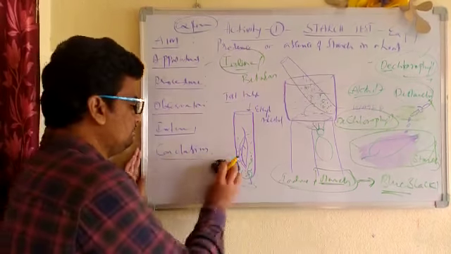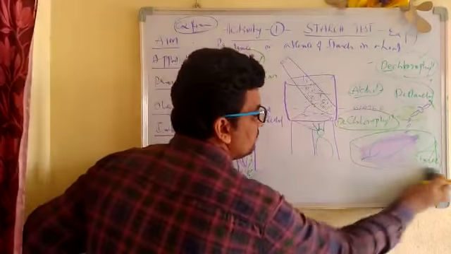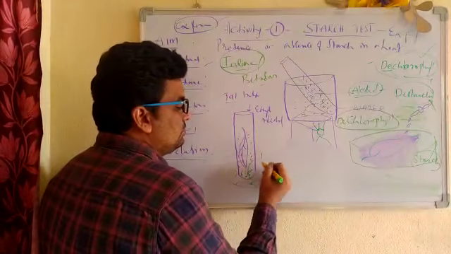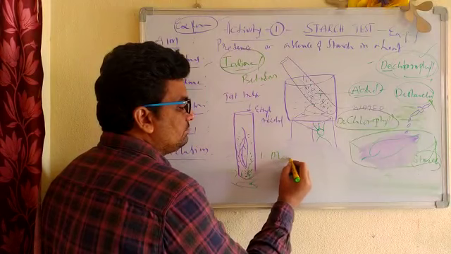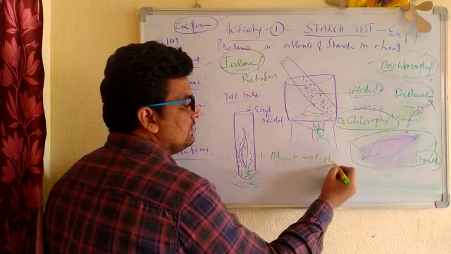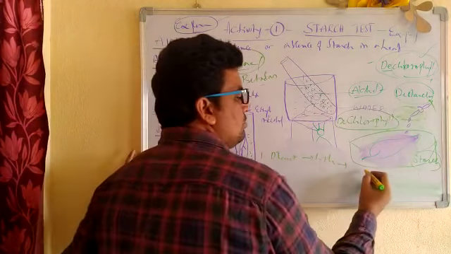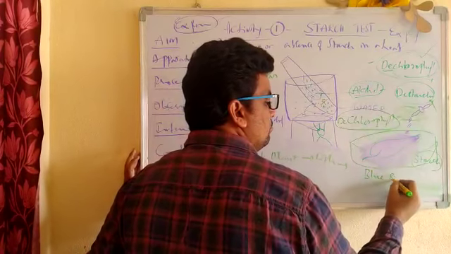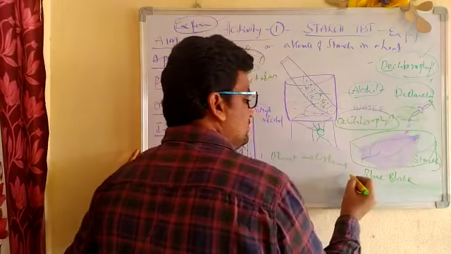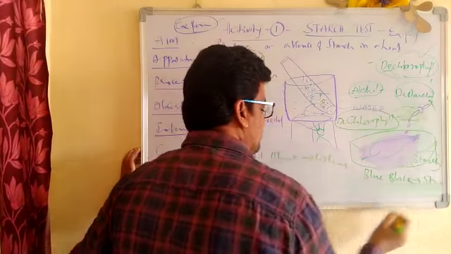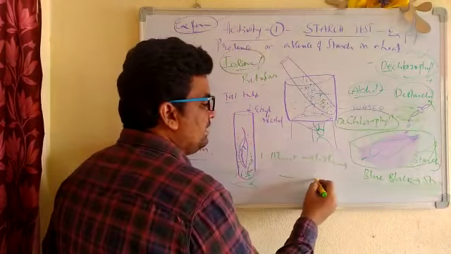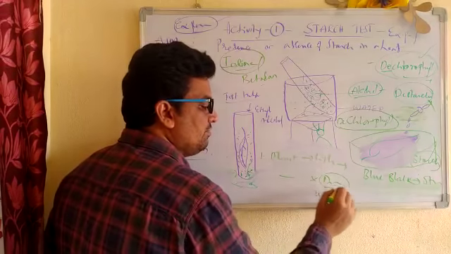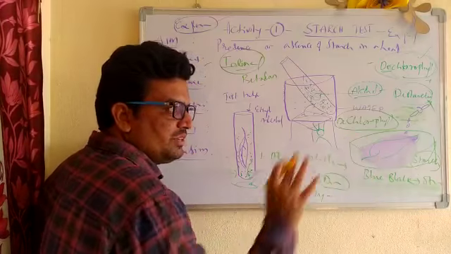Very simple. Again I will write here. What is happening, children, in the experiment? If you place a plant in light for some time, then go for this entire starch test, it will convert into blue black. The result: starch is present. If you don't keep a plant in light, if you keep it in the dark for nearly 24 hours, it will not perform photosynthesis because light is not available.